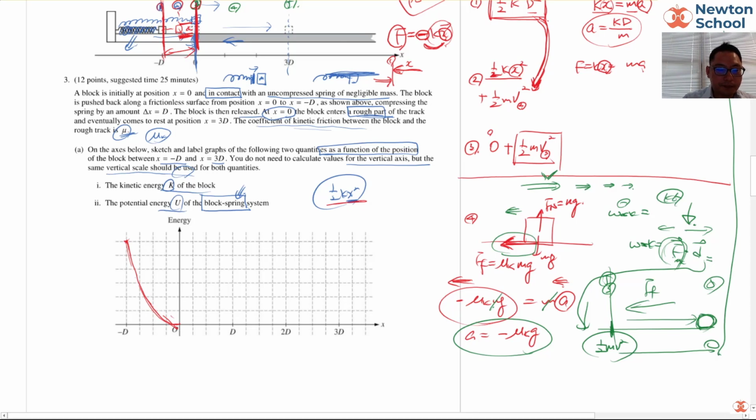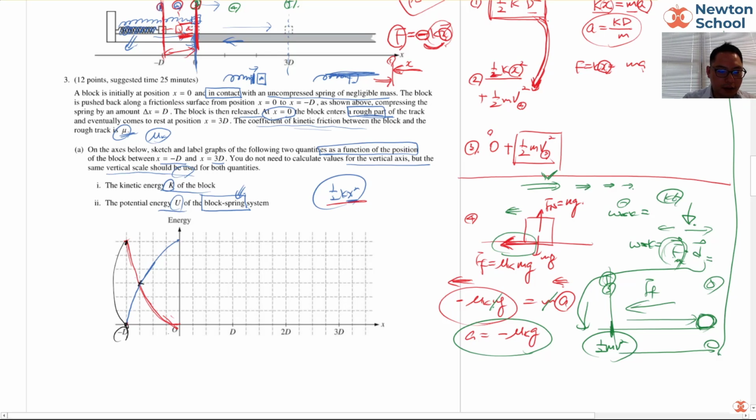Okay. Then what's the kinetic energy? Kinetic energy will increase, right? So kinetic energy goes up, I'll use the blue line, like that. And if you think about what the total energy is at that point, it is this plus 0, which is basically the same point here.